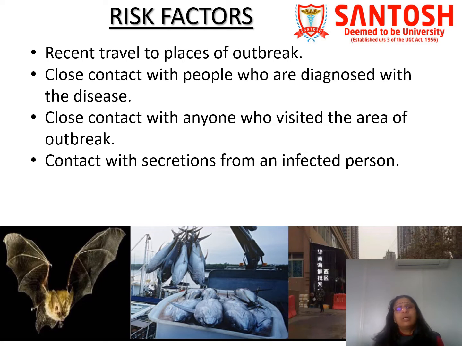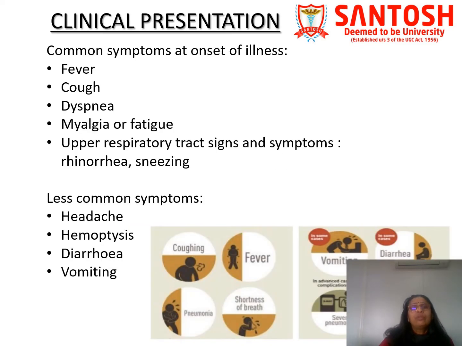So that is where quarantine plays a role. Then contact with secretions from an infected person. So these are the different risk factors that have been incriminated in getting the infection of novel coronavirus.